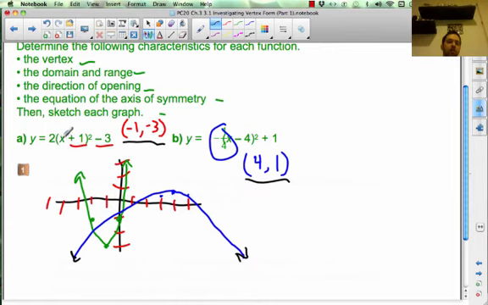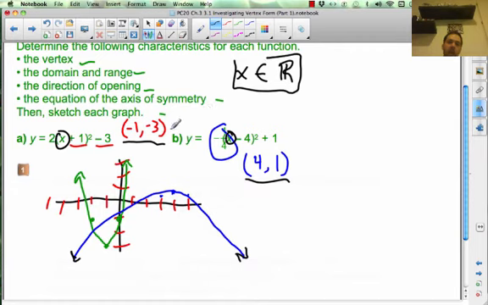There's no value of x that we're not allowed to plug in here, because both of these graphs will touch every single value of x infinitely left and infinitely right. Therefore, our domain for both of these functions is x is an element of the real numbers, and that's it. x can be absolutely any real number that you can throw at it, even root 2 or pi.